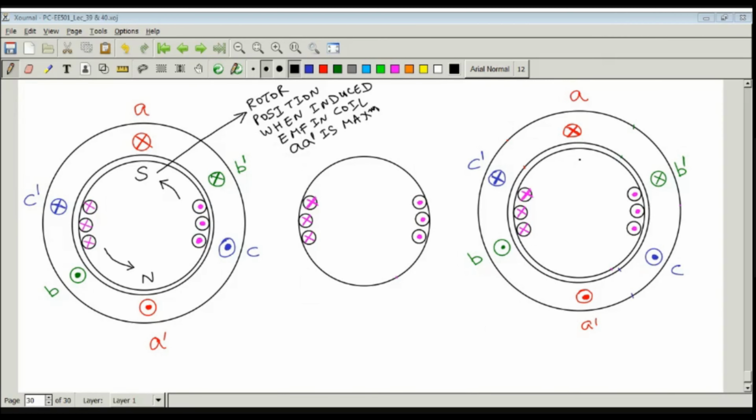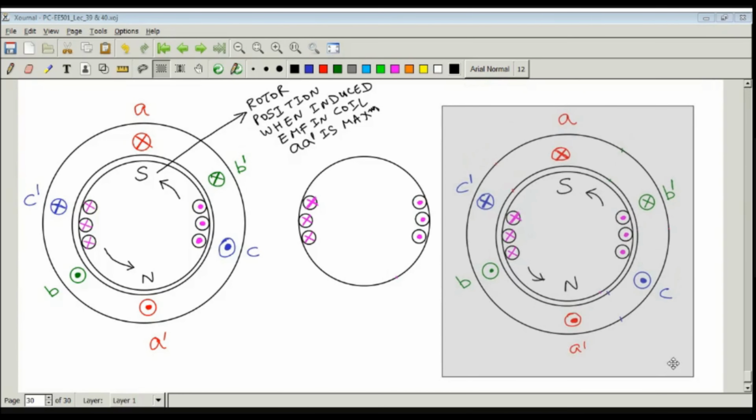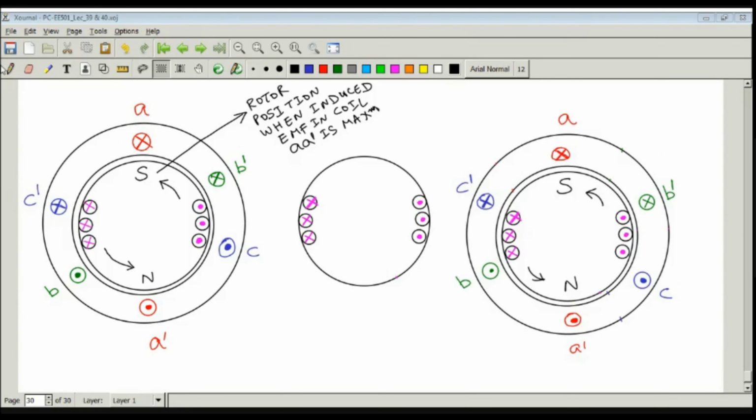Let me write this: this will be your south pole, this will be your north pole. These are rotating in the anti-clockwise direction. It is assumed that the prime mover is driving the rotor in the anti-clockwise direction, because this being generating action, you need a prime mover which will give the mechanical energy as input.